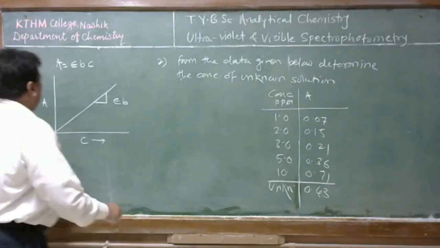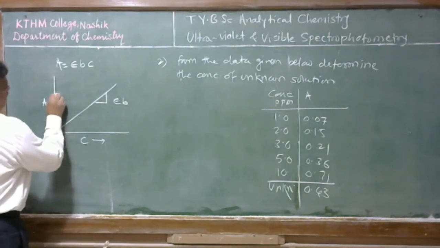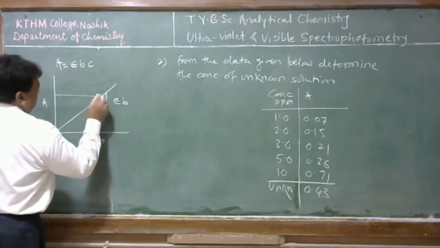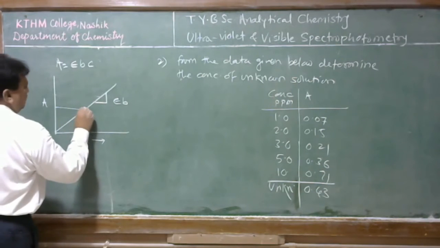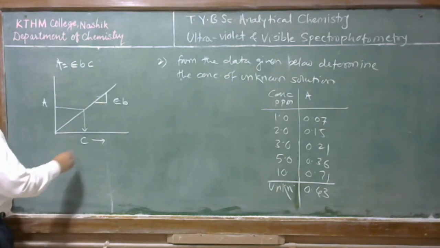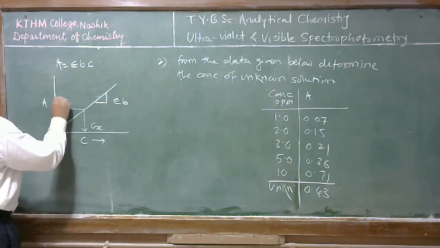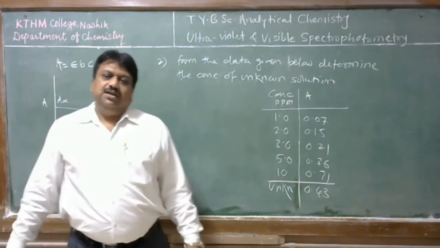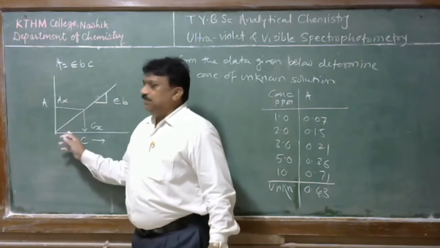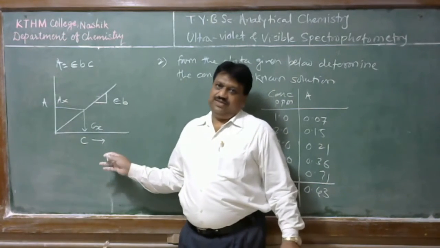Therefore, if we know the absorbance of the sample, then we can find out the concentration of the sample. For this purpose we require a graph, and by plotting a graph we can find this concentration.